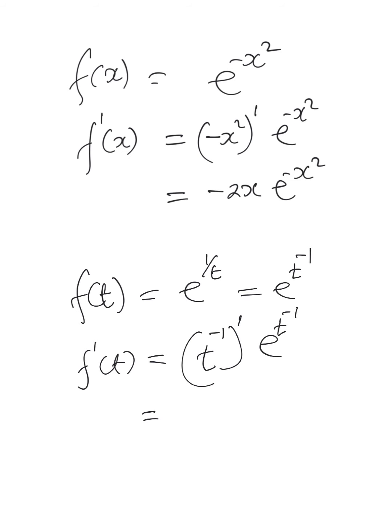So this is going to be minus t to the minus 2, e to the t to the minus 1. So you have the answer. And that's all we can do about exponential functions.